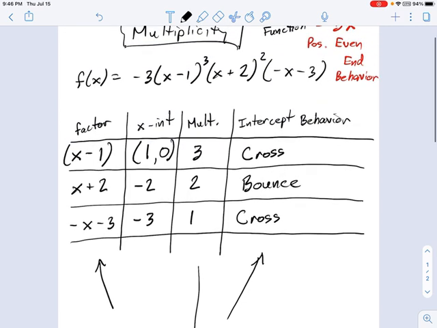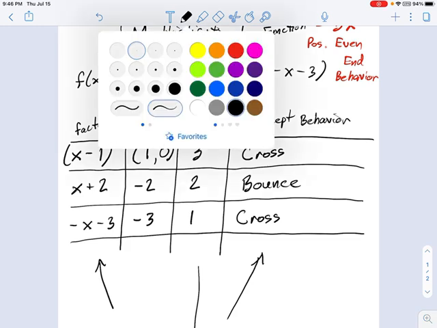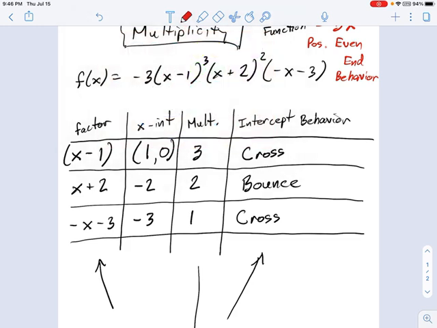And I haven't talked about the y-intercept yet. I should probably mention that. The y-intercept is going to be negative 3 times negative 1 cubed times 2 squared times negative 3. I set all those x's equal to 0. And if you multiply all these numbers up, let's see, I've got 3 times 4 is 12.